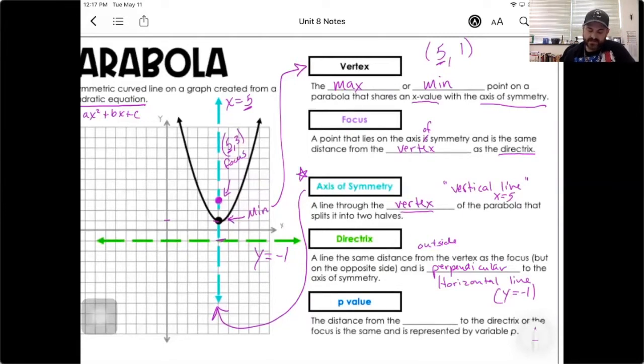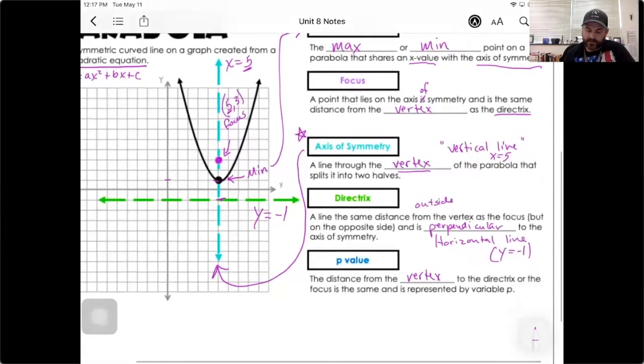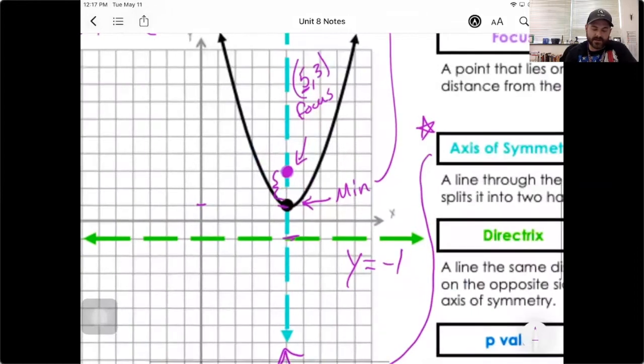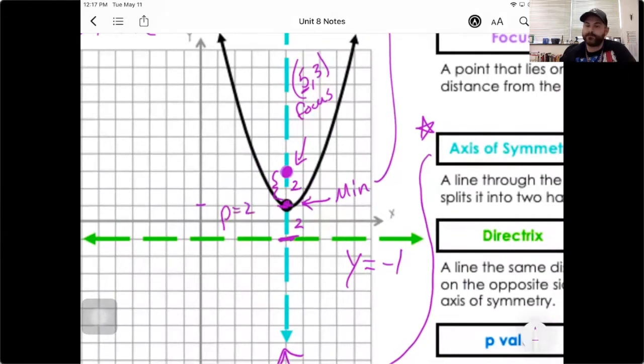So in this case, our distance between the focus and our minimum point, or our vertex, is a length of 2. You'll notice the same distance from the minimum down to the directrix line is also 2. So in this case, p would be 2.